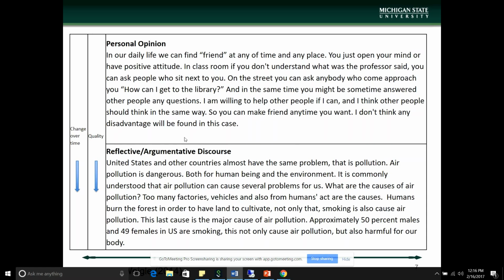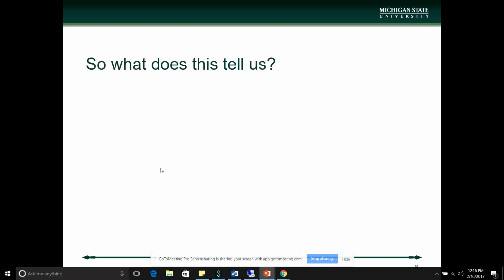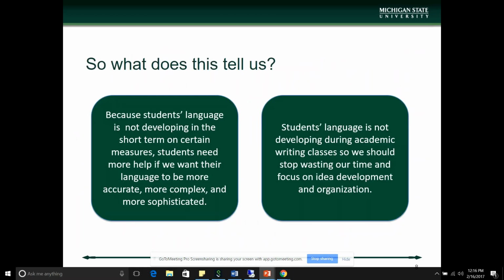So I'm going to stop here for a minute and give you a chance to ask questions on some of the studies, if you have any, but also to think about what this tells us about how we teach writing. The way I see it, we can look at this one of two ways.